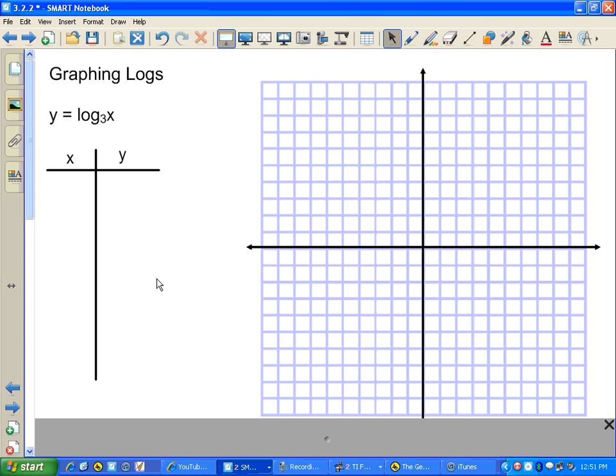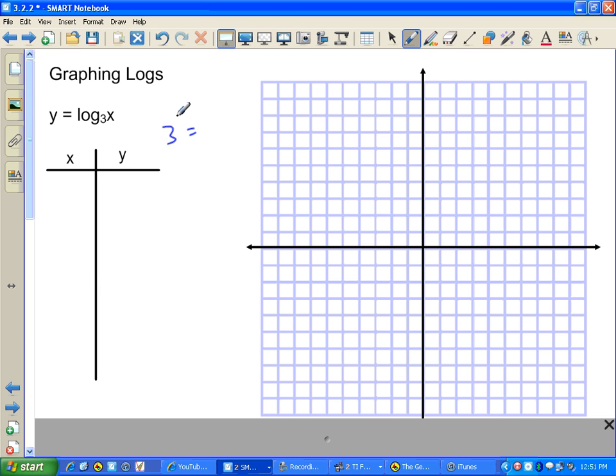So if I'm going to be graphing my base function, what I need to do is pick numbers that I can plug in that will give me definite numbers out for my y. Okay, so what we're going to do is remember that the other representation of this is 3 to something.